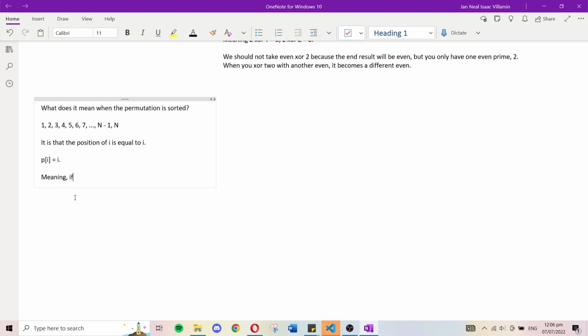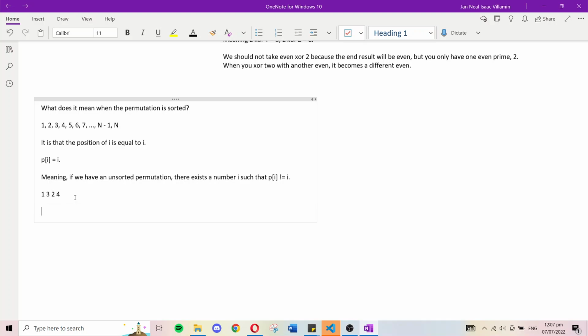Meaning, if we have an unsorted permutation, there exists a number I such that Pi is not equal to I. So an example would be something like this, right? 3 is not in position 3, it's in position 2, and 2 is not in position 2, it's in position 3.